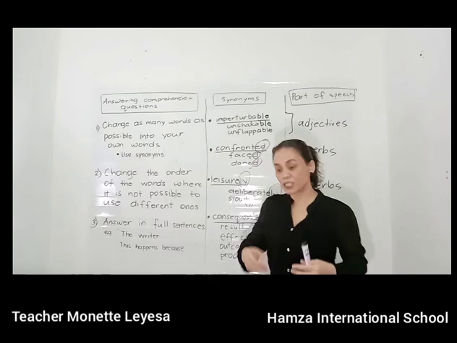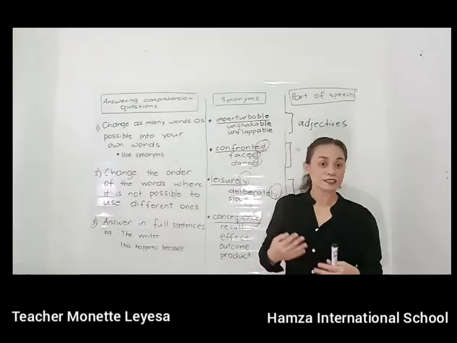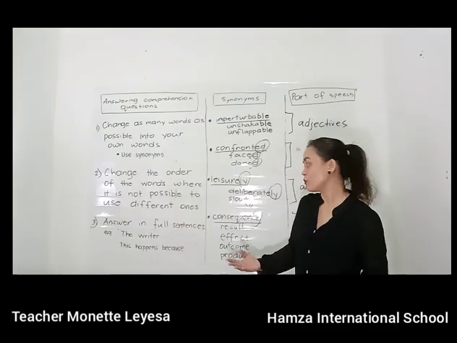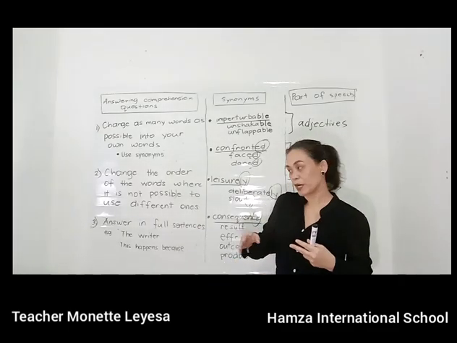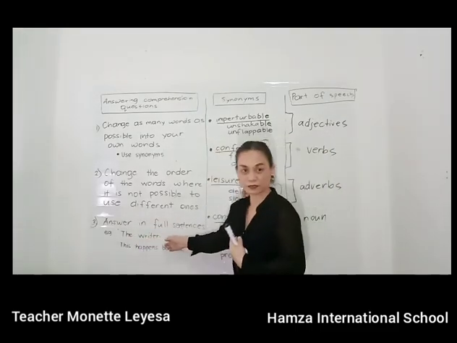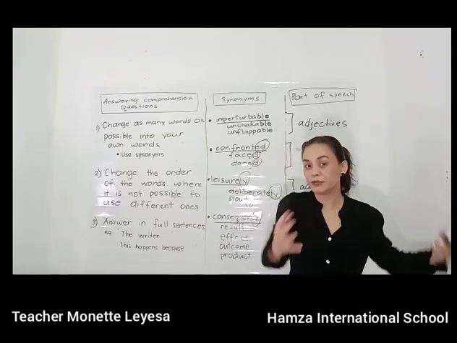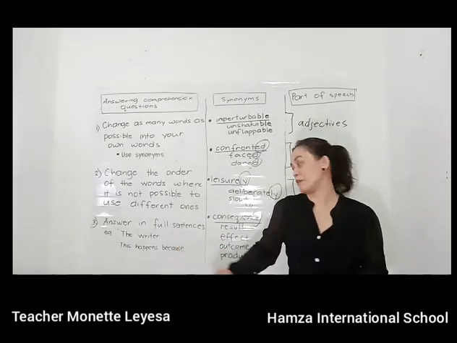Another one to prove ourselves in terms of the test and in writing is to answer in full sentences. So, we can start our sentence by, say for example, writing, the writer felt frightened just by looking at the big dome-shaped rock. It can be like that.